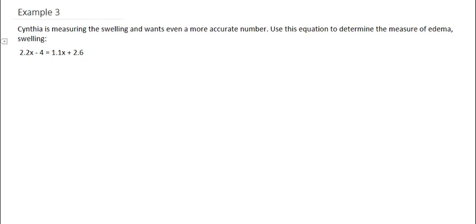Cynthia is measuring the swelling and wants an even more accurate number. Uses the equation to determine the measure of edema swelling. For this one, let's just move 1.1x to the other side.